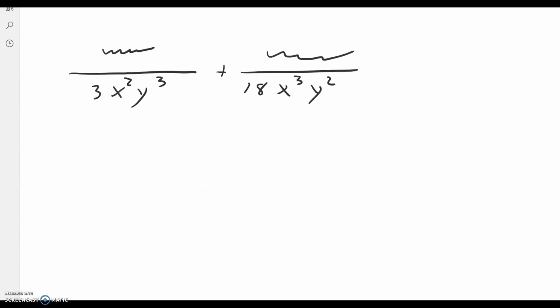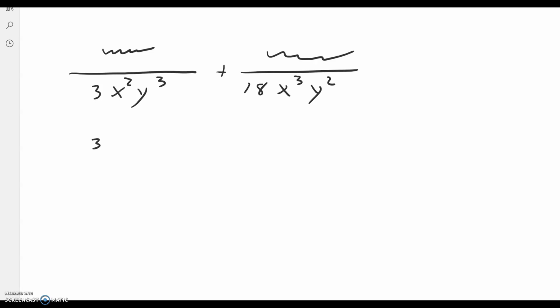The second part of this section, 6.3, is what do you do if you're going to add or subtract fractions that don't have common denominators? Well, that's a long process, and we'll learn that process in the next section, but we need to figure out how to find least common denominators. And I'd like to show you one way that is very, very useful in our course.